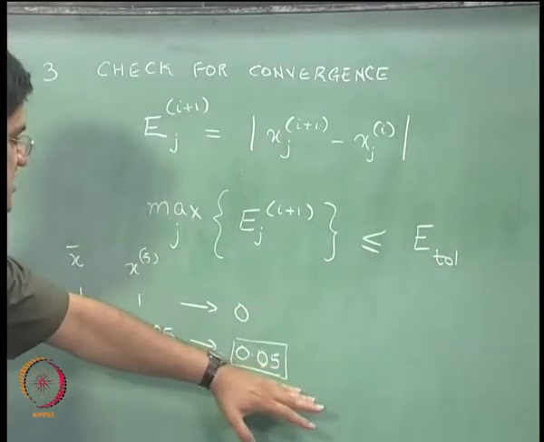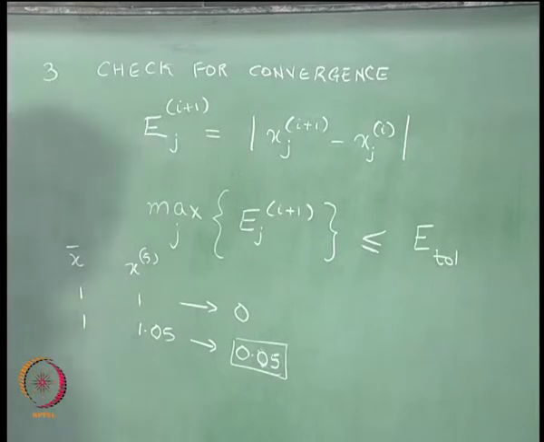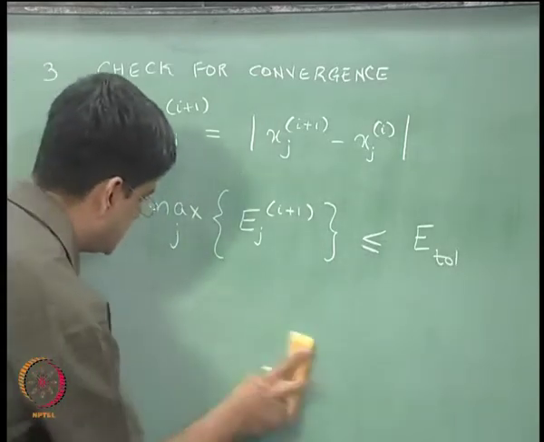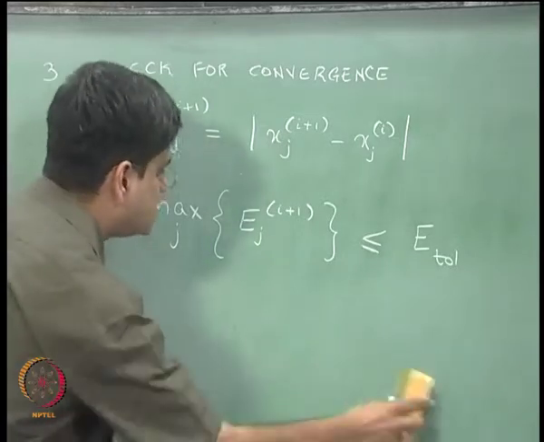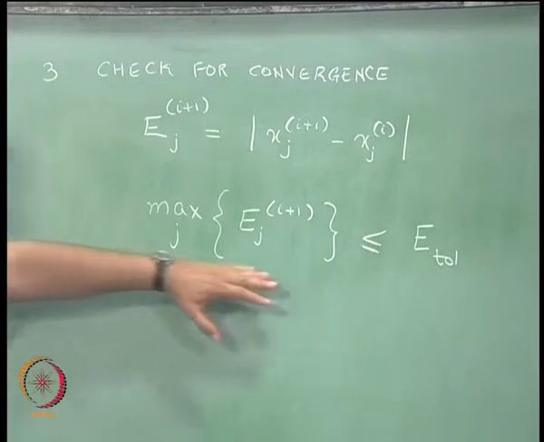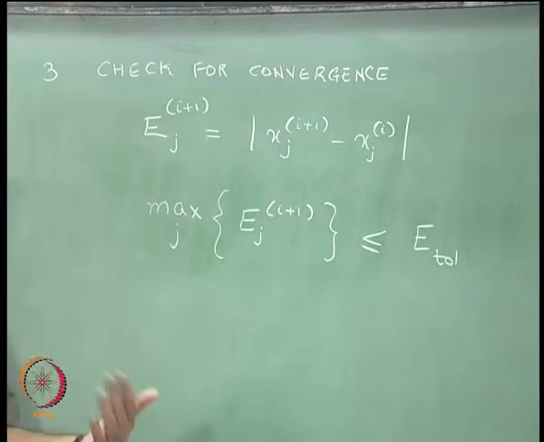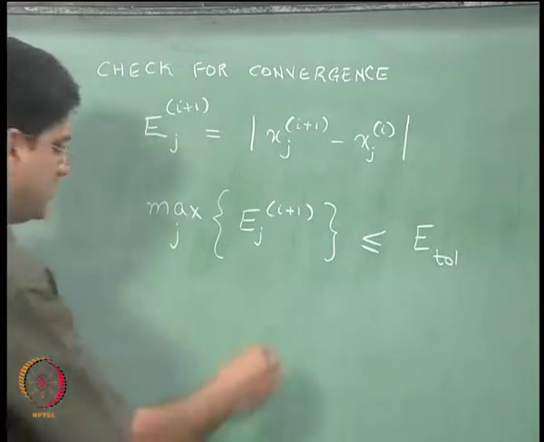If that is the case, we are going to keep running these iterations over and over again until we reach the desired convergence levels. Okay, so until this particular condition is satisfied, the fixed point iterations are going to be repeated over and over again.